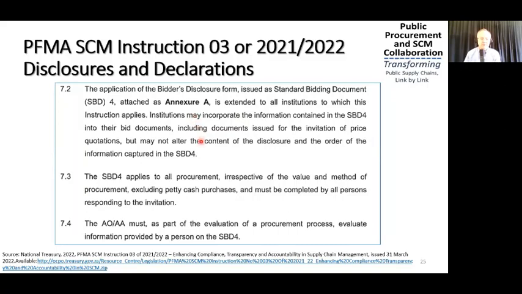Just to confirm, SBD 8 and SBD 9 no longer exist from the 1st of April. The two practice notes that issued those instructions have been repealed, and with them SBD 8 and 9 have been taken out as well.